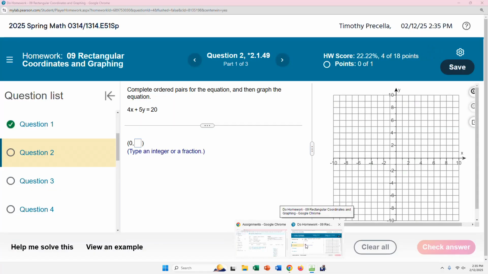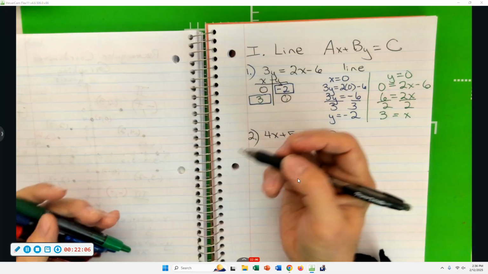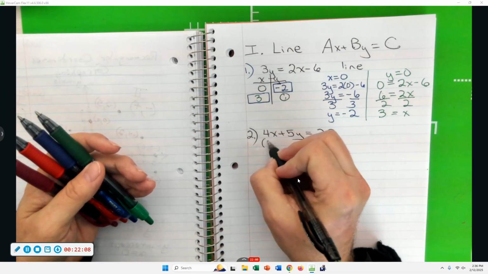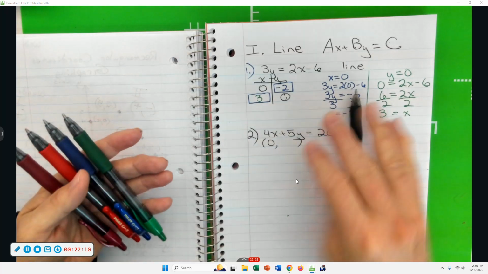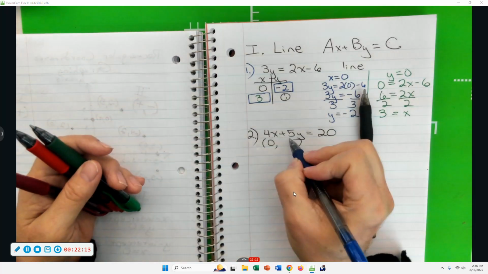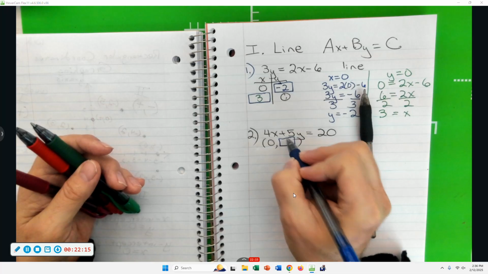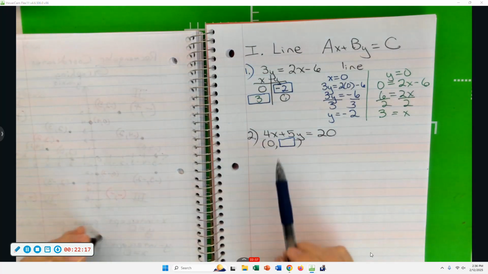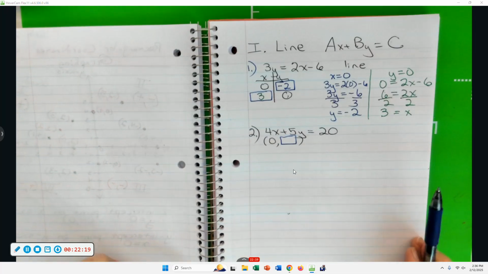Look back at the problem now. It doesn't have the XY table. Here you're doing ordered pairs, but it's still the same thing, okay? So first of all, here's the ordered pair we have, and they have a little blue box for us right here. You tell me, what is this saying to do?